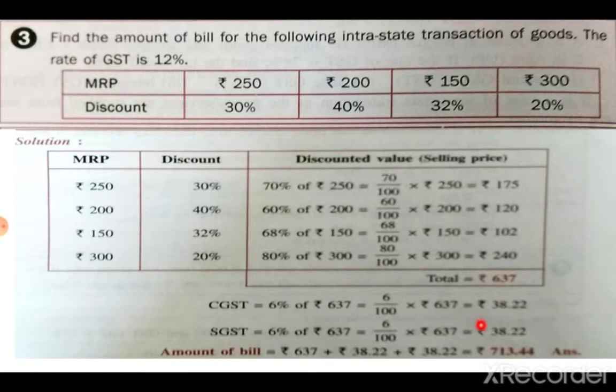Same will be SGST, 38.22 rupees. To find amount of bill, you will do this total amount plus CGST plus SGST. So 637 plus 38.22 plus 38.22, you will get the answer as 713.44 rupees. You have to write rupees.